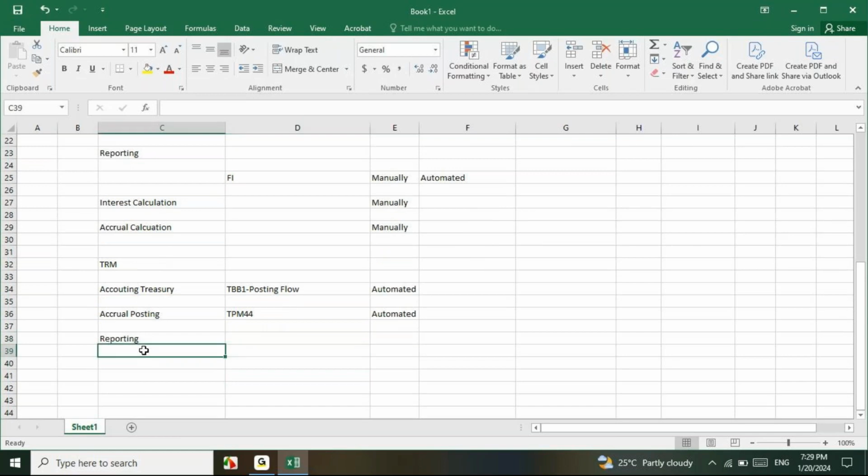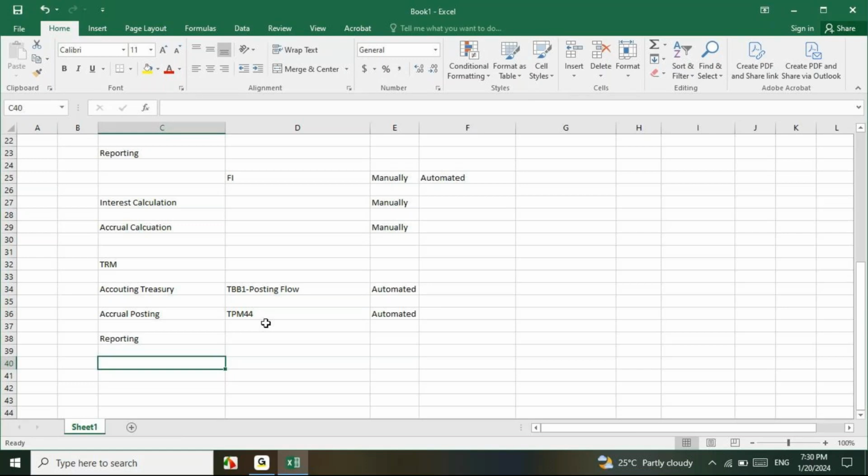So you can see a complete report if your manager wants to see, okay, for this particular month how many investments are getting matured. If they want to see the start date, the different dates with the rate of interest, that can be done in SAP TRM.